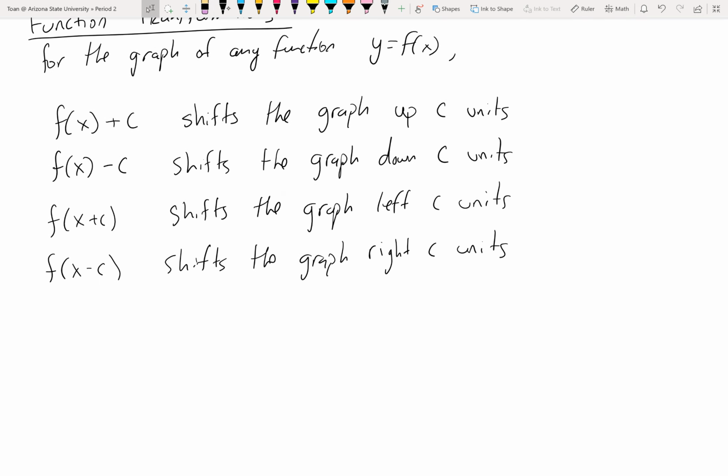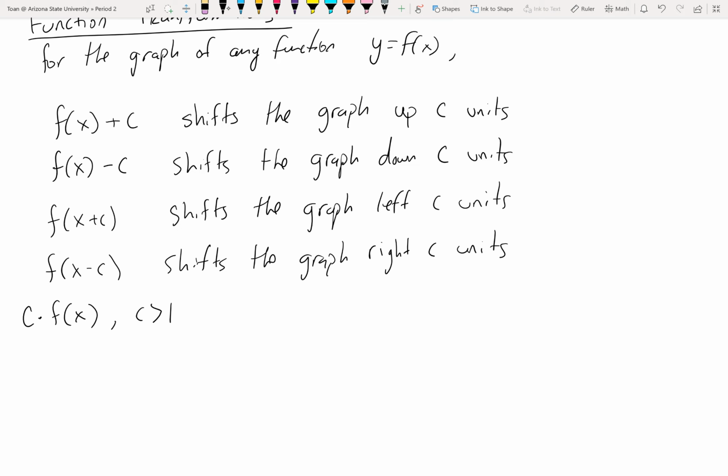And the last transformation that we looked at, these aren't the only ones, but these are the only ones we looked at, was when you multiplied a function by a number. So if I took a graph and multiplied by a number bigger than 1, it stretched it vertically, or narrowed it.